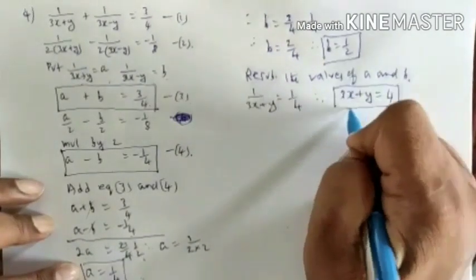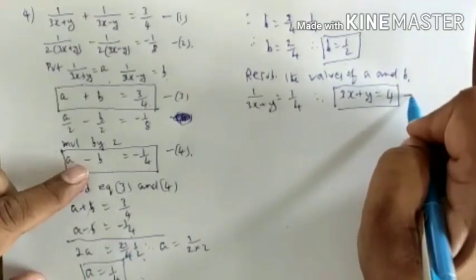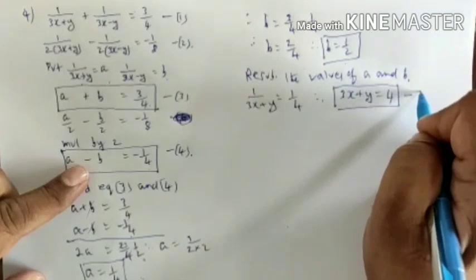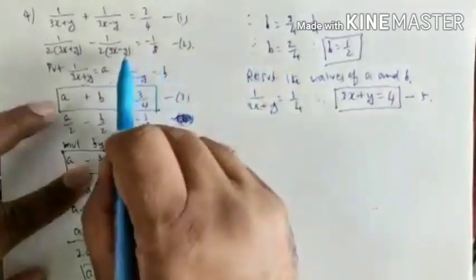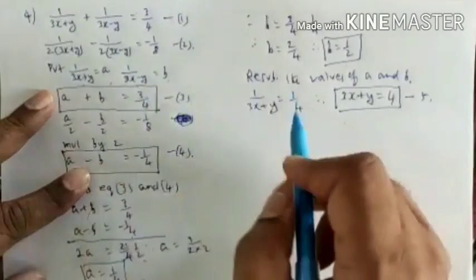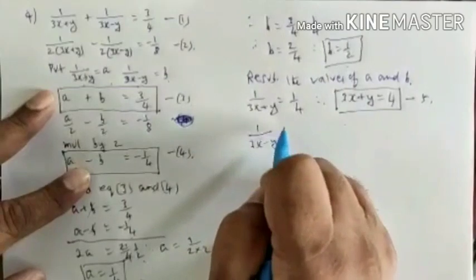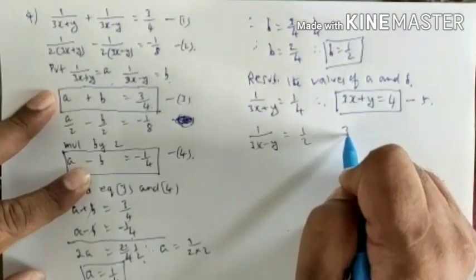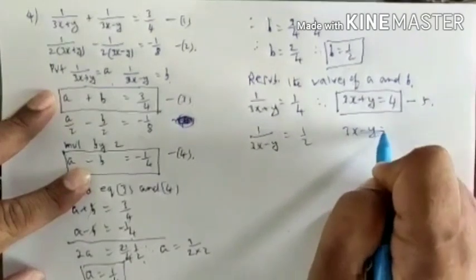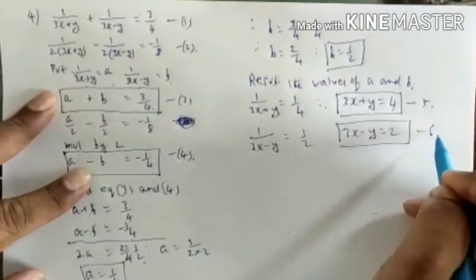Give this our equation number 5. Again, this b is 1 upon 3x minus y. So 1 upon 3x minus y is equal to 1 upon 2. On invertendo we get 3x minus y is equal to 2. This is our equation number 6.